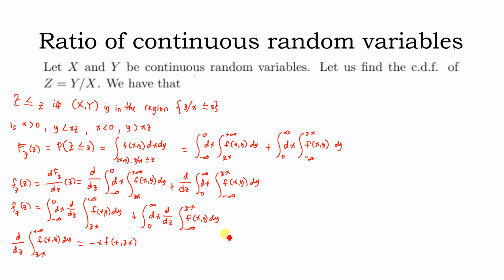And in the other case, since we have two cases, d over dz times the integral of the function f of xy dy from negative infinity to zx is equal to x f of x, zx.